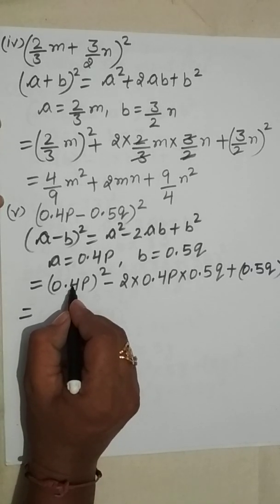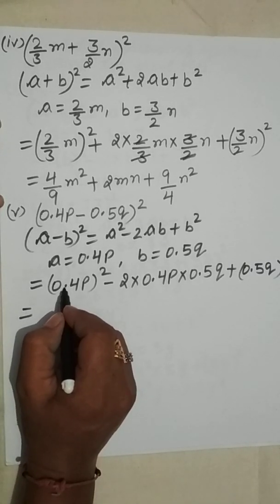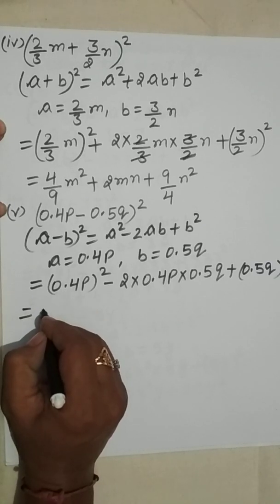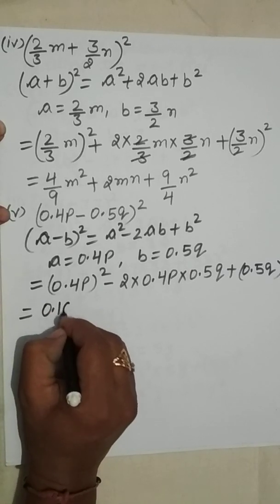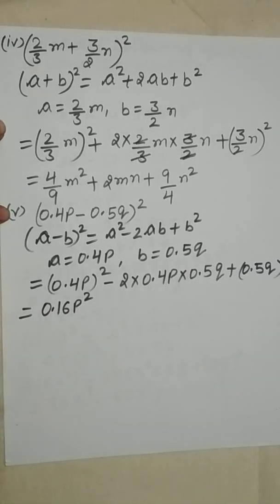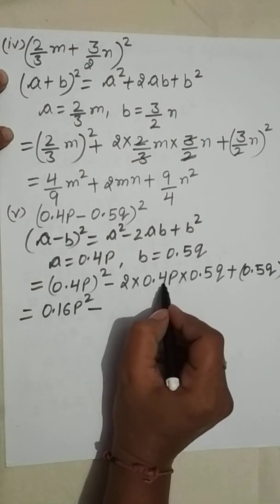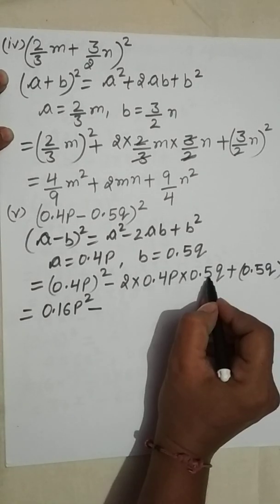4 4's the 16, as this is a decimal expansion, so after decimal there will be 2 digits. 0.4 multiplied by 0.4 is 0.16 p square, minus 4 2's the 8, 8 5's the 40.